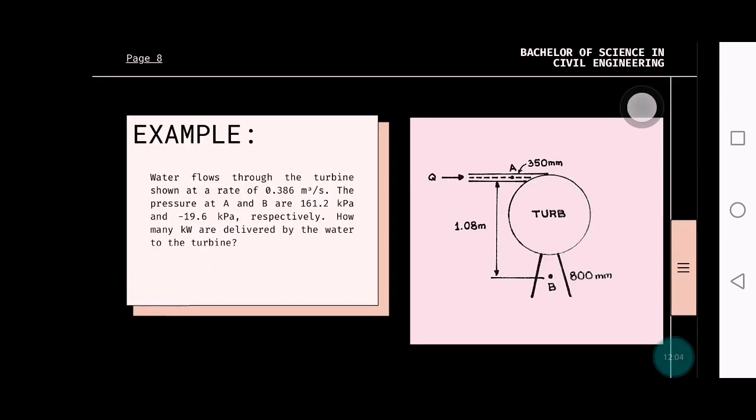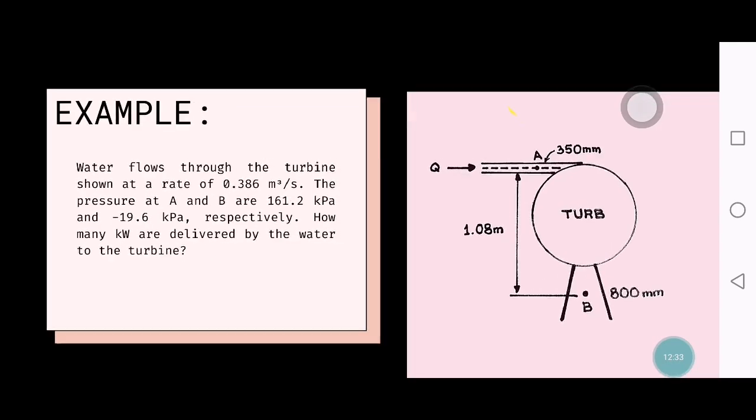Next, first example natin. Water flows through the turbine shown at a rate of 0.386 cubic meter per second. The pressure at A and B are 161.2 kPa and negative 19.6 kPa respectively. How many kilowatts are delivered by the water to the turbine? So, haraan na figure karon.